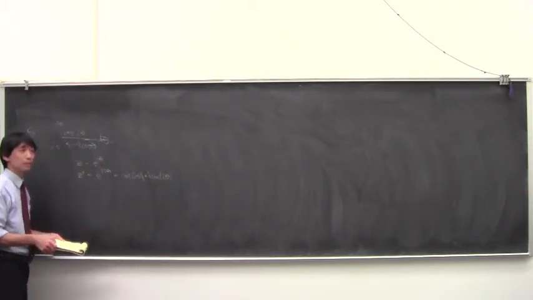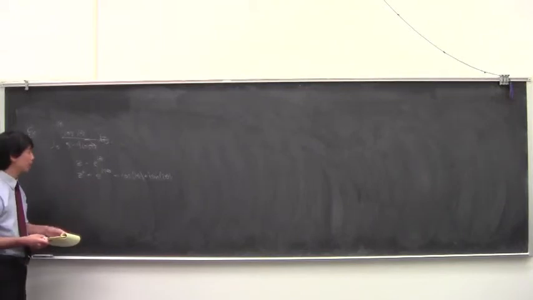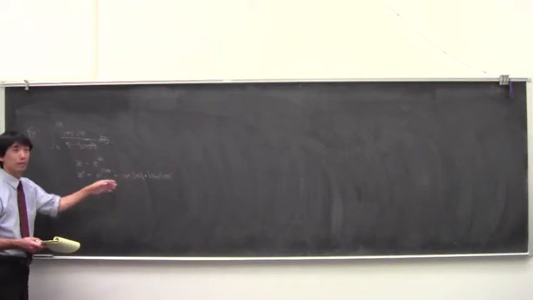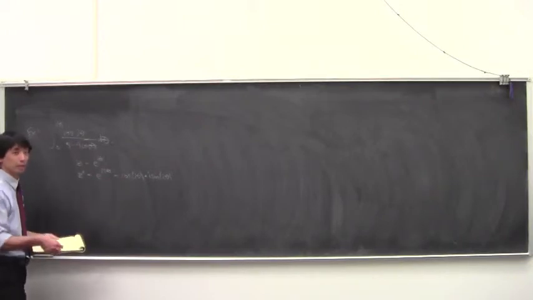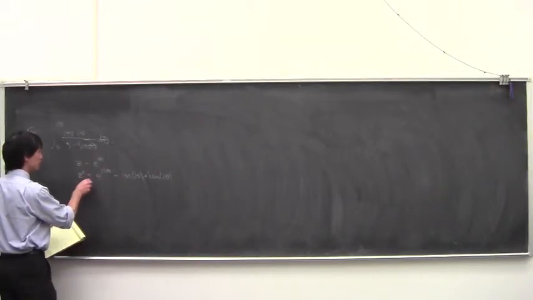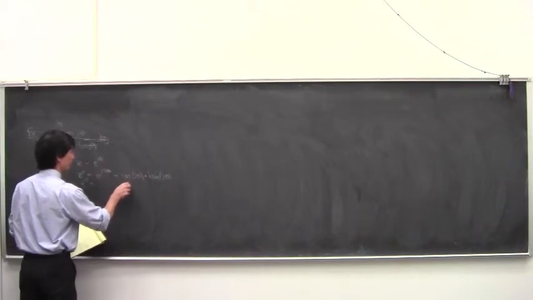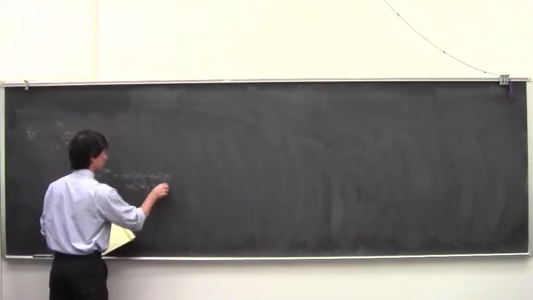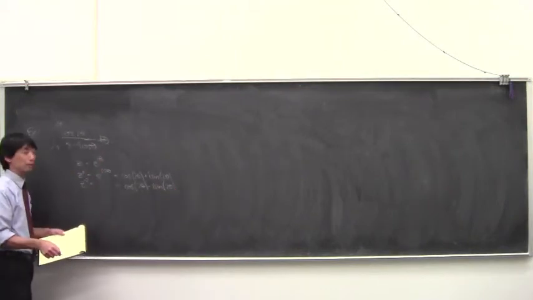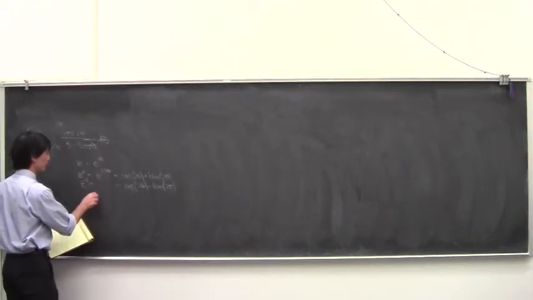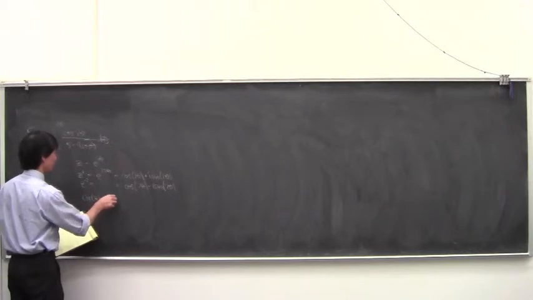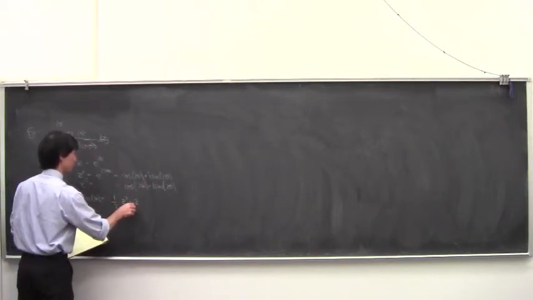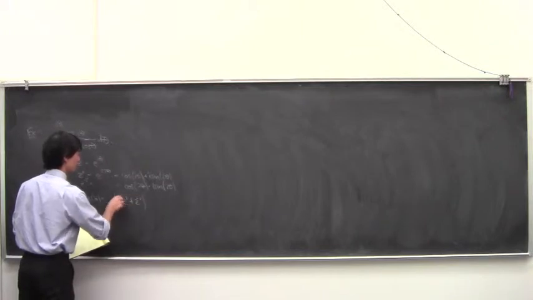And then you can just use the same thing as before. z to the minus 2 is cosine 2 theta minus i sine 2 theta. And so cosine 2 theta you can write as 1/2 (z squared plus z to the minus 2).